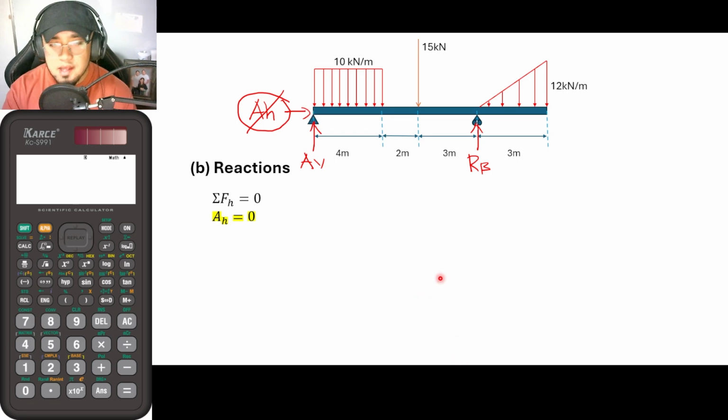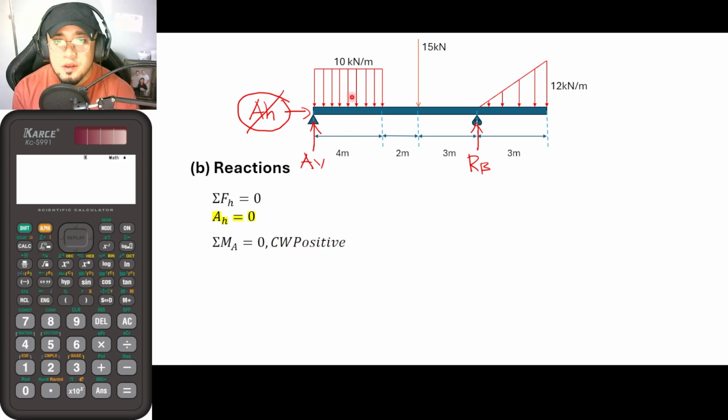So with that, guys, the summation of moment at A, so again, this is A, must be equal to 0. As for my sign convention, I will choose clockwise positive. Okay. So what are the forces that, if you were holding this point, would cause rotation? This force here, 10 kilonewton per meter, would cause rotation about this point.